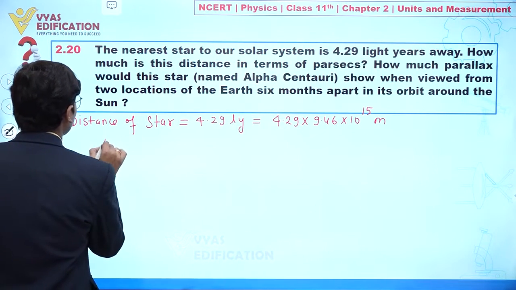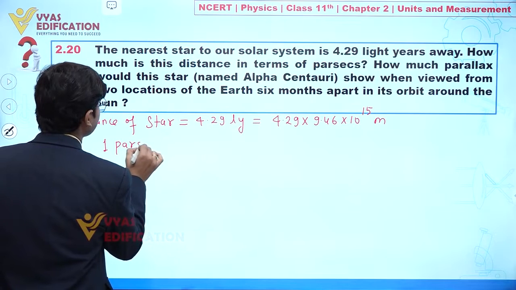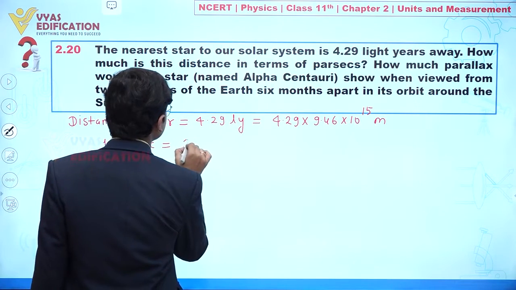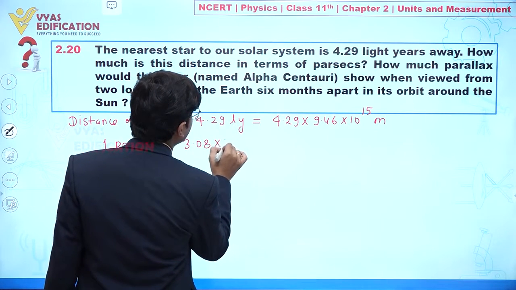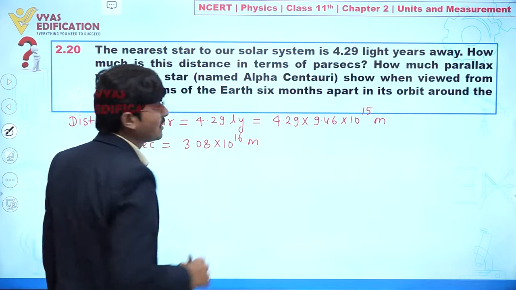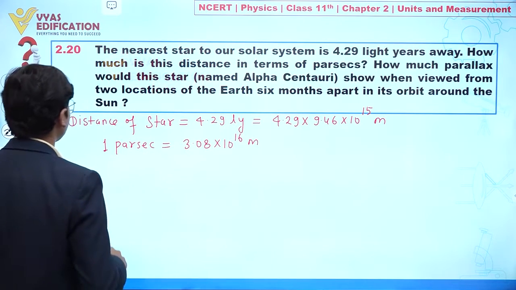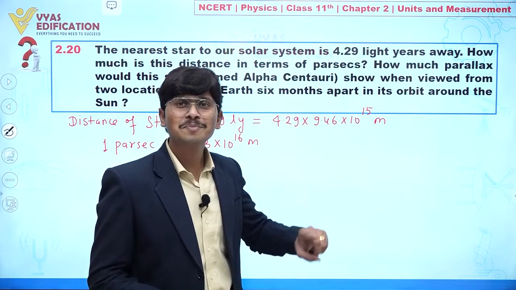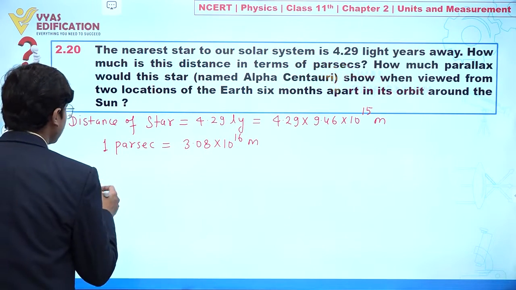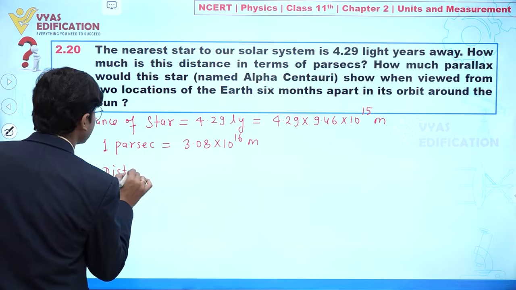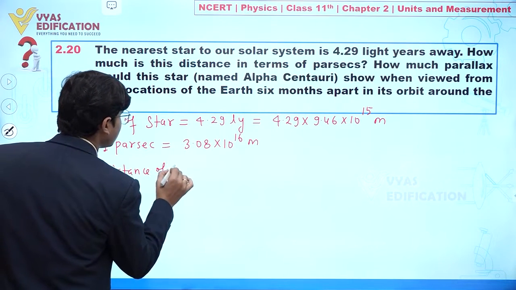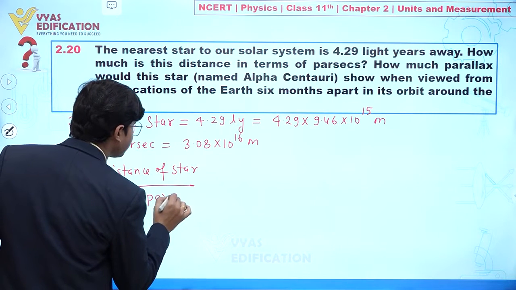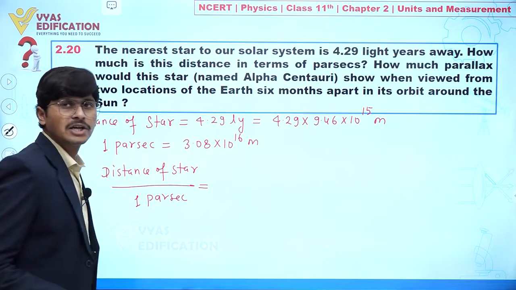Now we know 1 parsec is equal to 3.08 into 10 to the power 16 meter. So actually we have to find the distance of the star in terms of parsec. So we can write the distance of the star divided by 1 parsec.